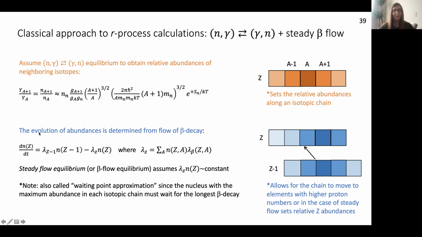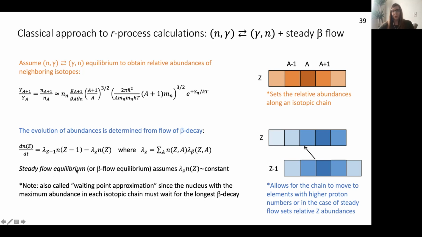So you're going to have the number density at a given Z. Rather than the number density of an individual species, you're going to consider the number density of a given Z. And you're going to say that that evolves in time according to this relation, where this is going to be a beta decay rate that is sort of like an average rate. So it's going to sum over all of your rates and multiply by the number density of your constituents.